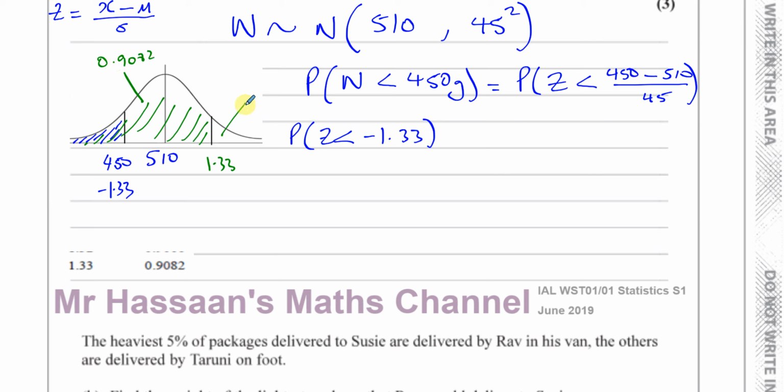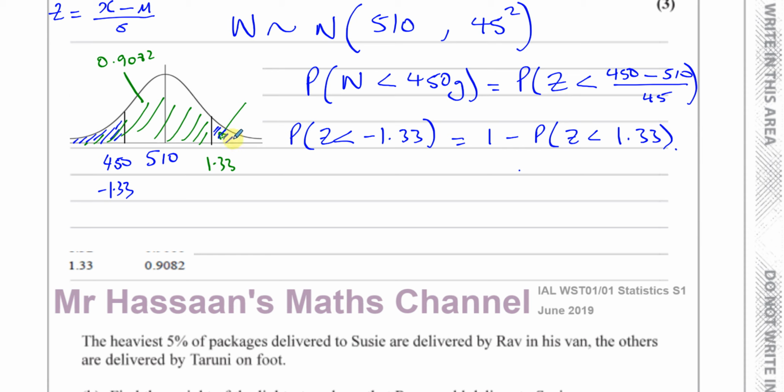What we want is this area here, which is the same as the area that we want. So the probability that z is less than minus 1.33 is equal to 1 minus the probability that z is less than 1.33, because it's the same as the probability that z is more than 1.33, which is this area over here.